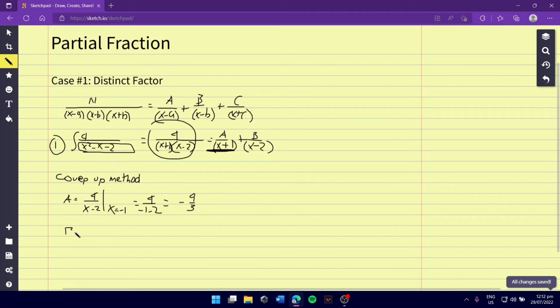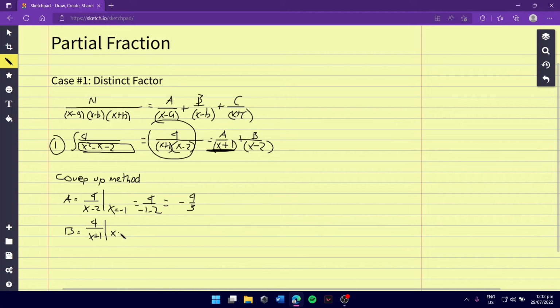So next, we'll find the value of our b. So our b here is x minus 2. We'll cover up x minus 2. So the remaining will be 4 over x plus 1. So we'll find the value that makes x minus 2 become 0.